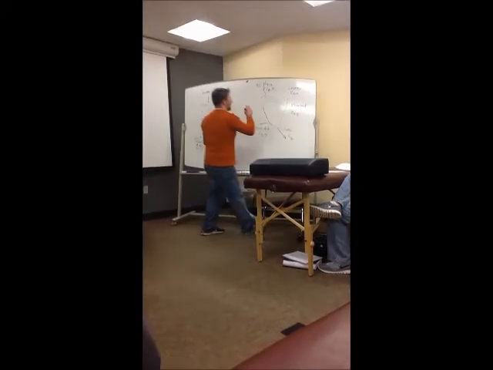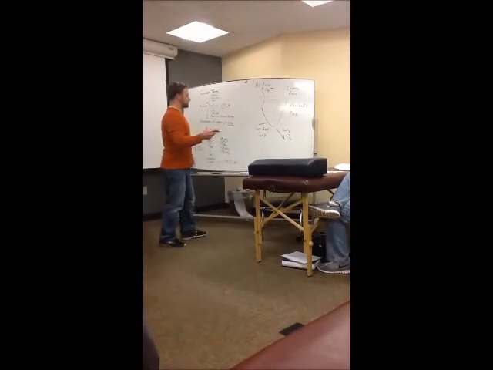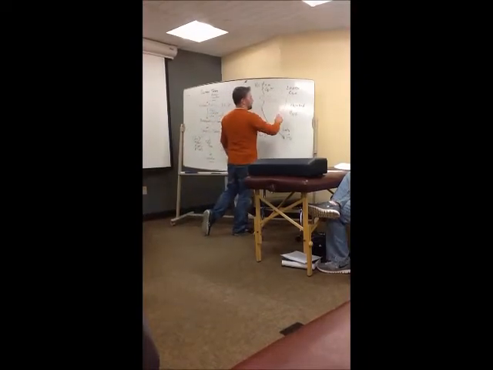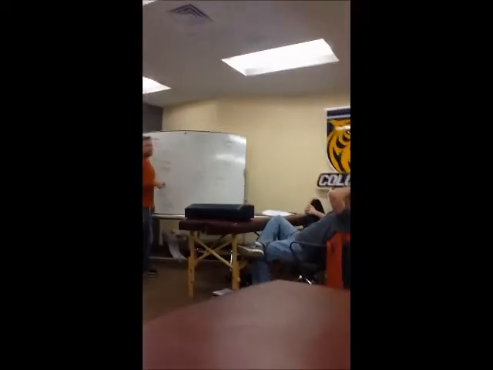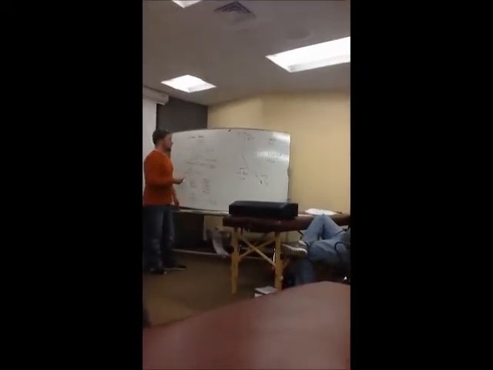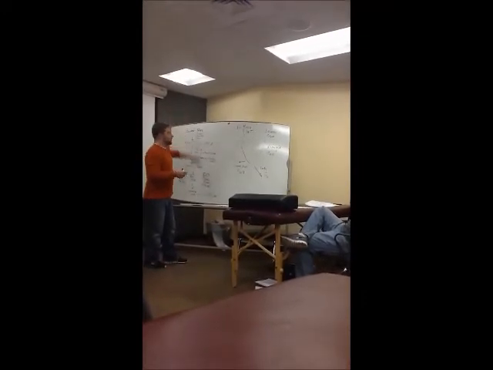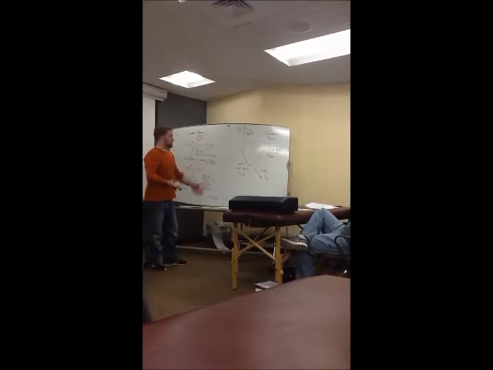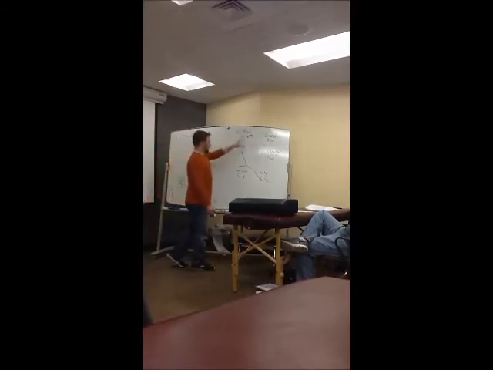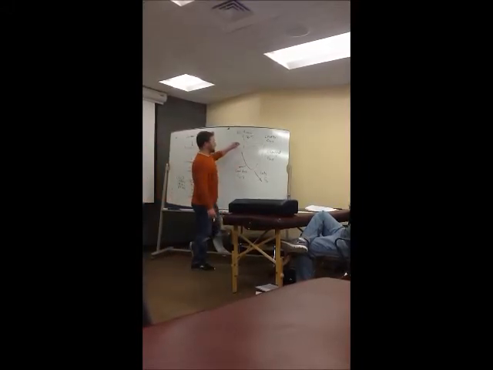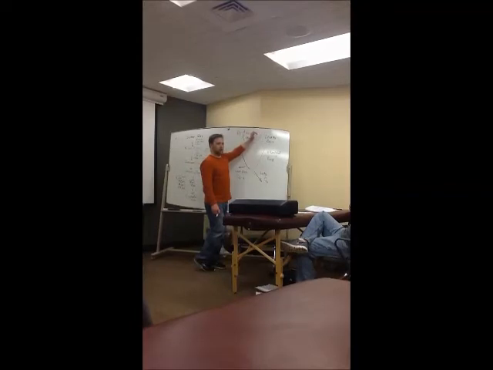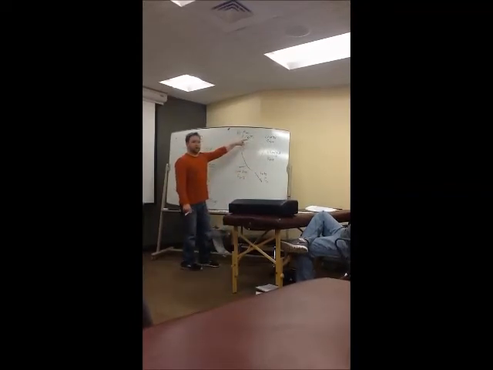Okay, and then if you wanted to add in the traps as basically the prime functional movers into overhead reach, we're looking at spinal accessory. So the reason I wanted to put this up here is because we essentially have input around the scapular system, everywhere from cranial nerve, the accessory, all the way down to T1.